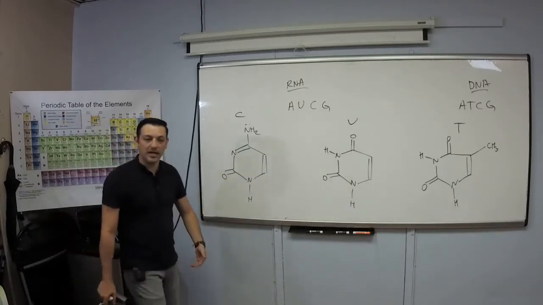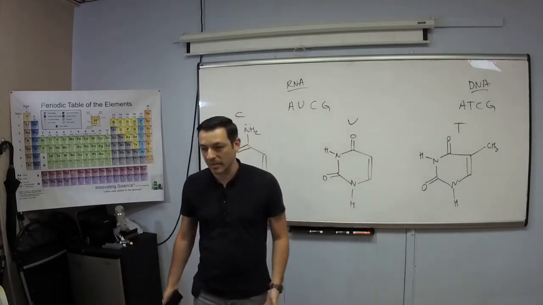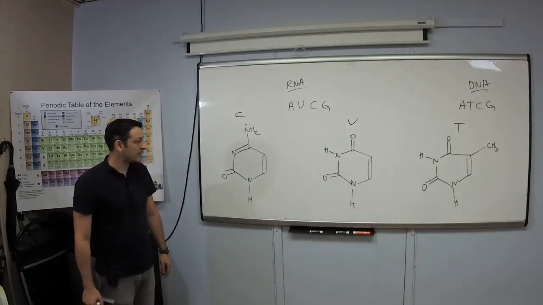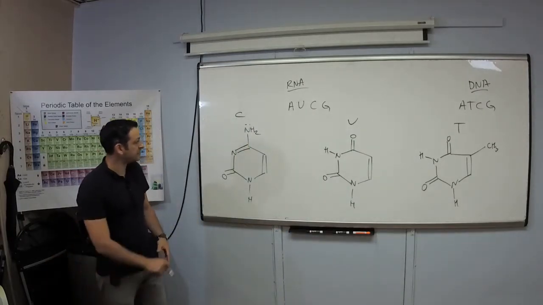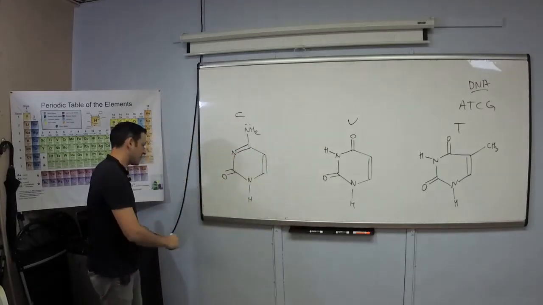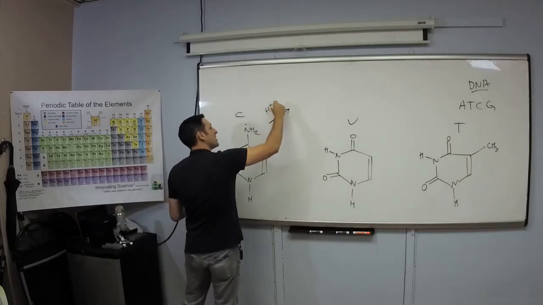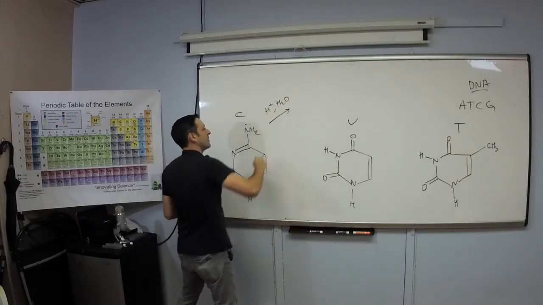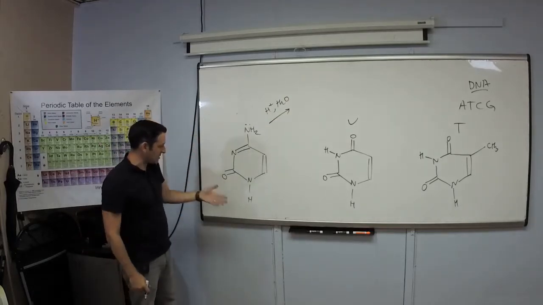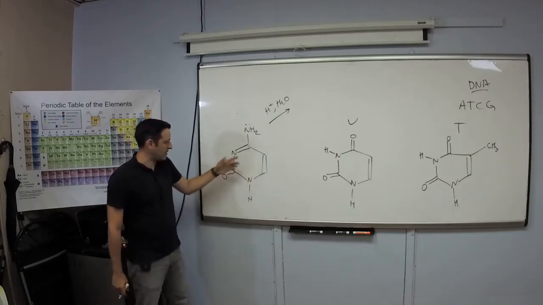Again, if DNA or RNA, let's say they are in an aqueous environment, pH 7.2 to 7.4, look what's interesting that could happen to C. What would happen to C if I put this into H plus and H2O? Amongst other things, one of the things that C can, because there's a lot of things, you can protonate this, you can protonate that, you can protonate a bunch of things.